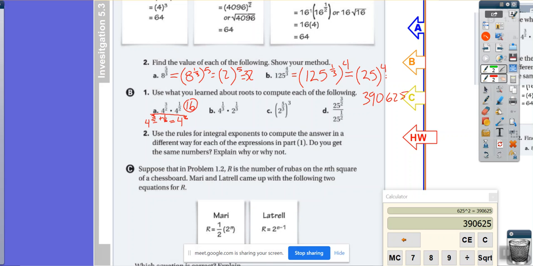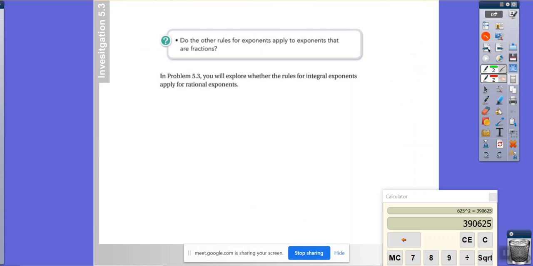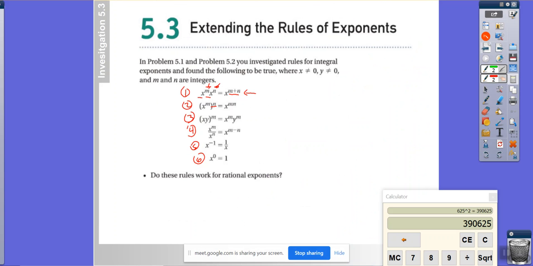For question B1b, we have the same exponents, but different bases. Which rule has the same exponents but different bases? Nolan? Rule number 3. Excellent.